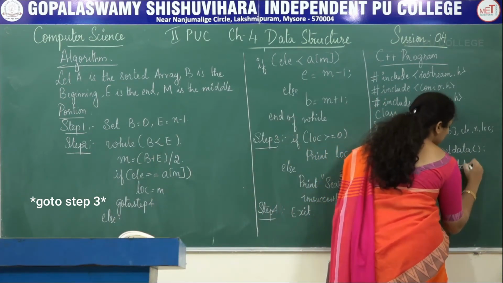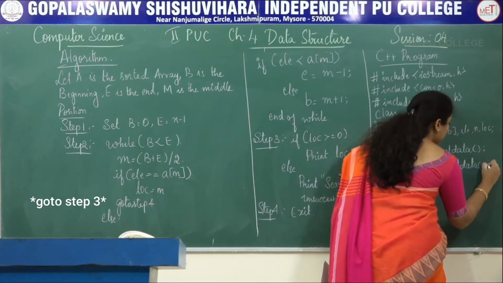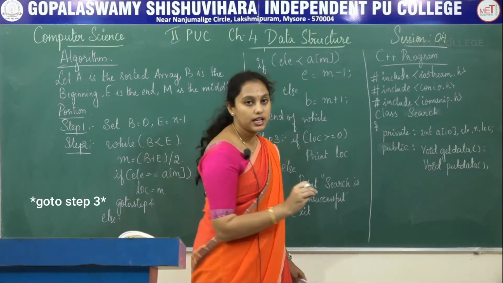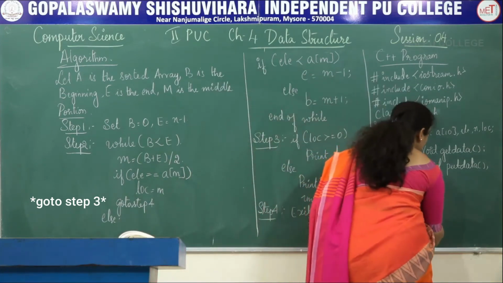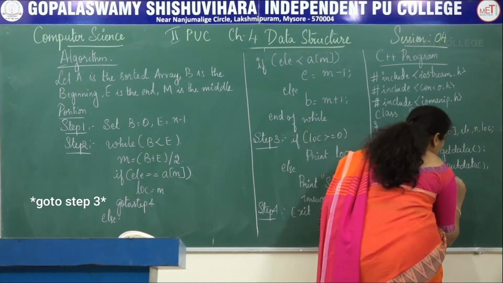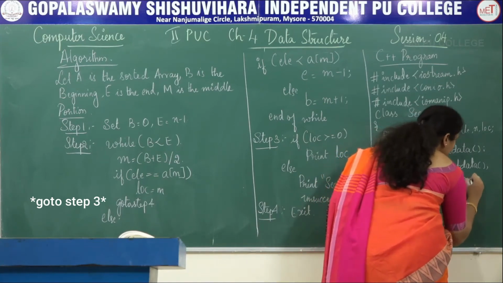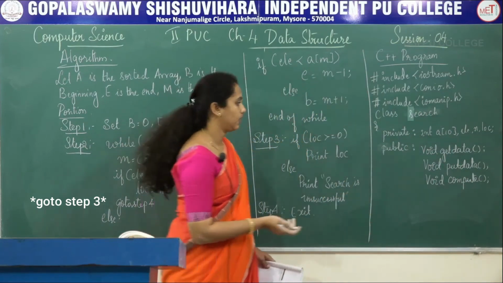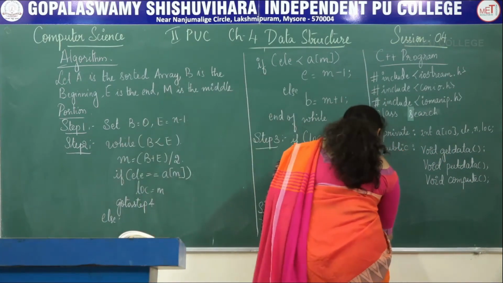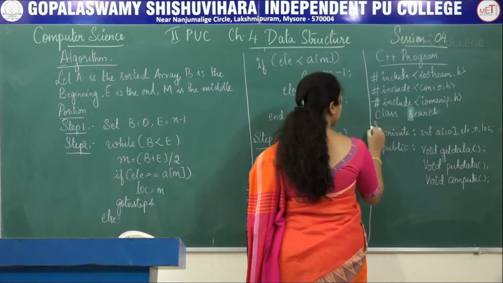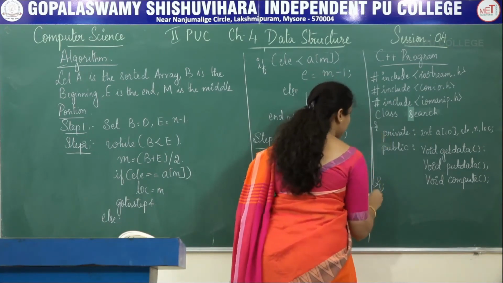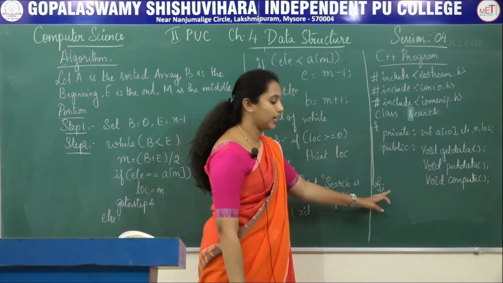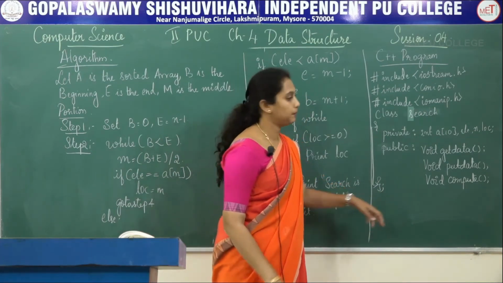The put data function is used to display the data on the monitor. Next is void compute function, used for calculations. And end the class by closing the curly bracket with a semicolon.